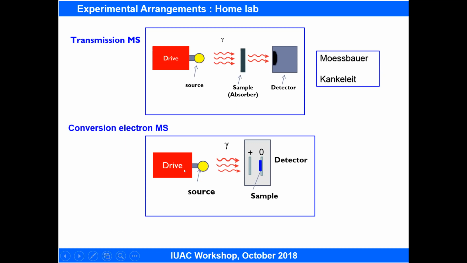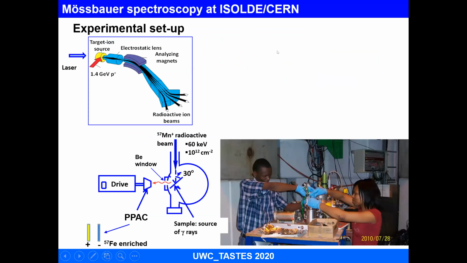If you're using an iron 57 probe, then it contains iron 57 in it. And the photons absorbed here produce conversion electrons, which are then detected in that.